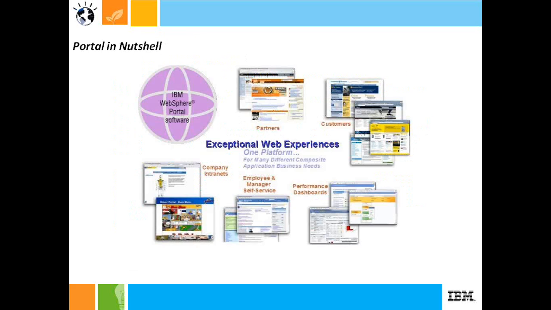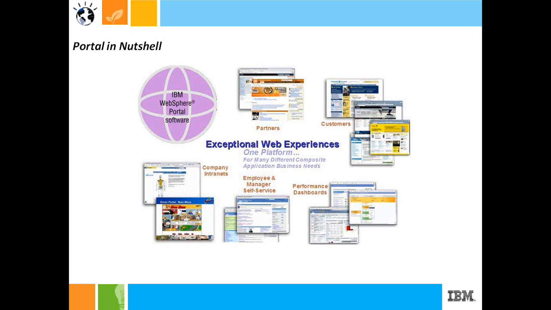So now we have talked about what is a portal, what are different types of portal, and then the generation of the portal. So what is portal in a nutshell now? Portal in a nutshell is one platform which is for many different composite application business needs.